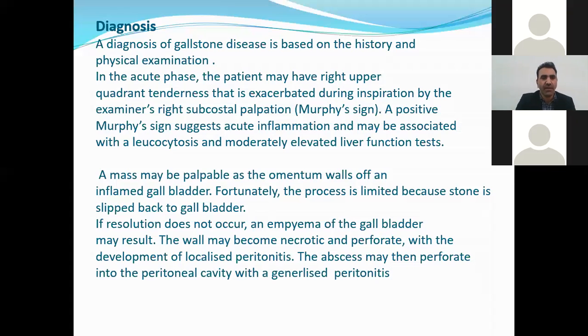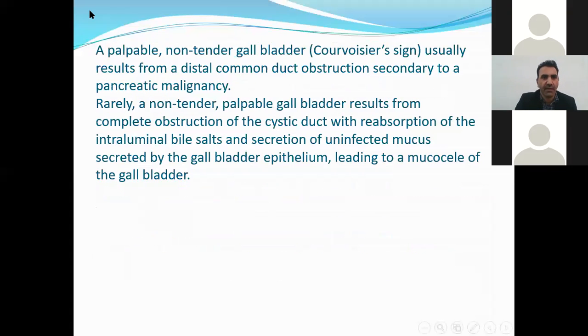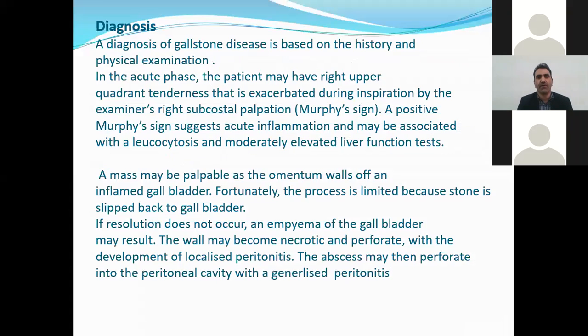What about the diagnosis? The diagnosis of the gallstone is based on the history and physical examination, mainly clinical. In the acute phase, the patient may have right upper quadrant tenderness exacerbated during inspiration by the examiner's right subcostal palpation, called Murphy sign.